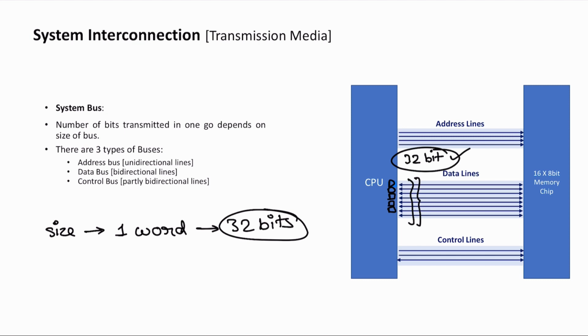That means the size of a word is 32 bits here, okay. So a processor being 32-bit means the word size for that processor will be 32 bits, that means there are 32 data pins. If the processor is 64-bit, that means the processor has 64 data pins, that means the word size for that particular processor is 64 bits, okay. I think this is clear.